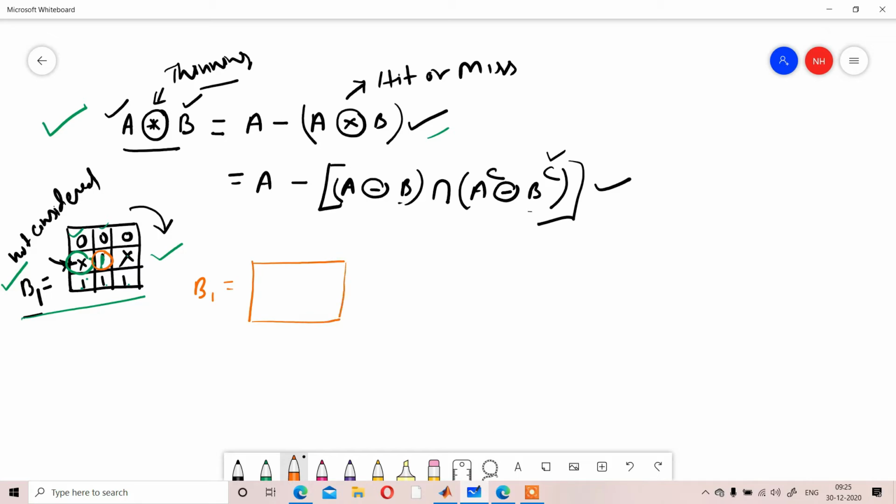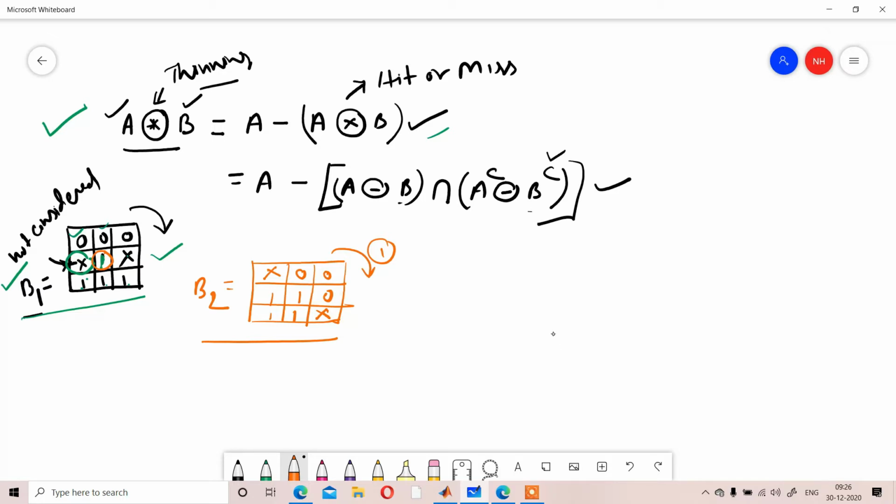After the first shift, what will happen? That cross will come here, and that cross will come here, and that one will remain here. So after the first shift, that is what you will get, and that will be your second structuring element.